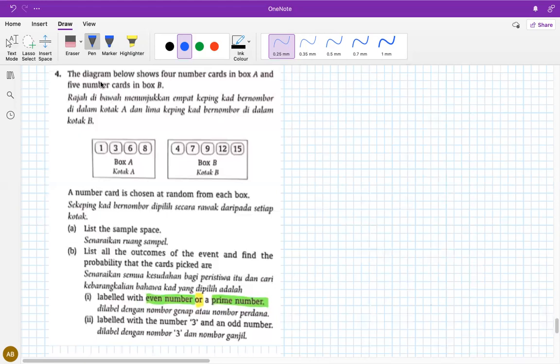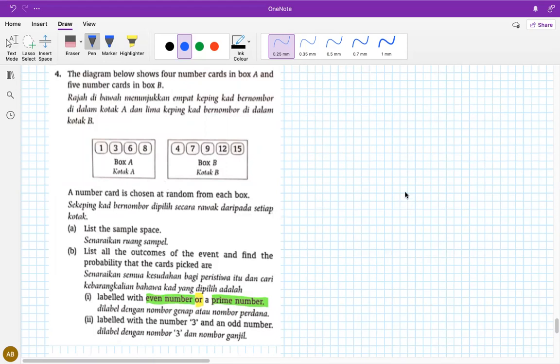So there is a diagram, box A and box B, and these are independent events. The question asks you to list the sample space. This question doesn't ask you to specify any method.